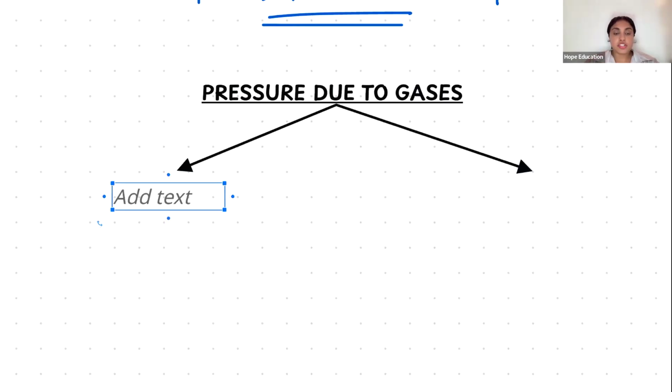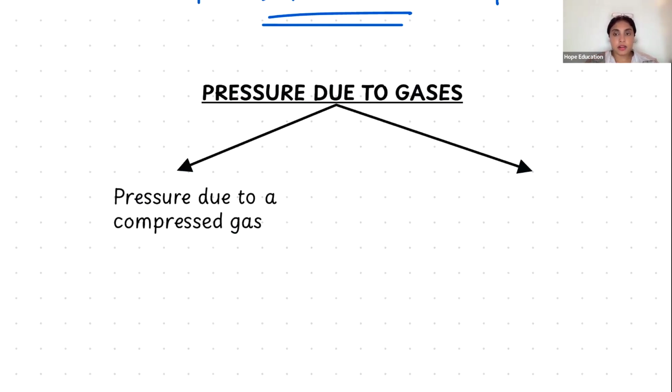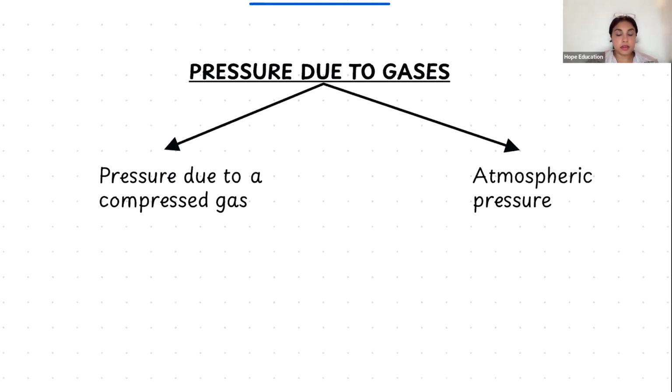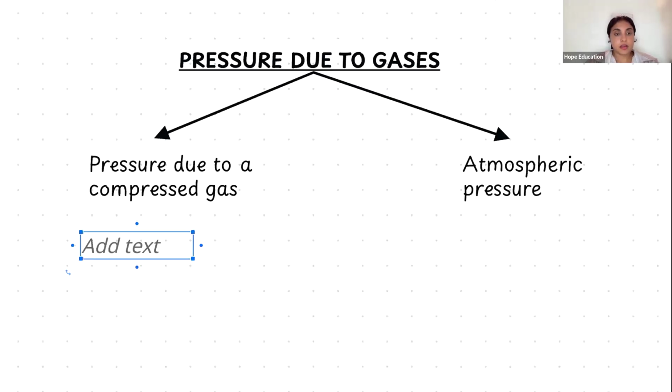One is pressure due to a compressed gas. The other one is atmospheric pressure. So these are the two types of pressures. Okay. And then put a subtopic, pressure due to a compressed gas. Quickly.